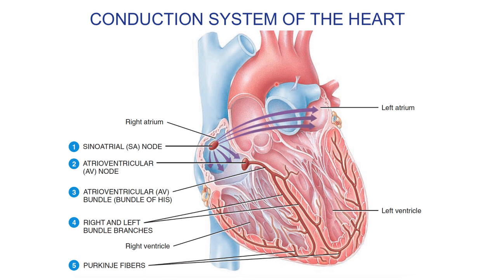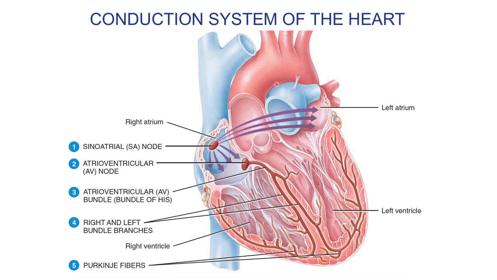They do not depend on any neurological intervention. Since you were born, those cells started working, and they are the ones that initiate and propagate the conduction system of the heart.